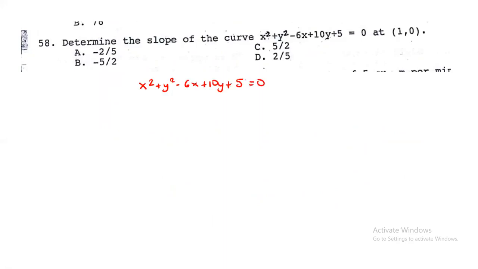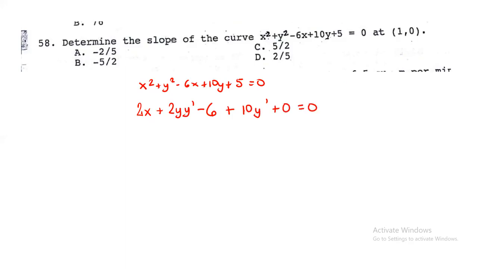So para makuha natin yung derivative ng y with respect to x o yung y prime, implicit differentiation natin siya with respect to x. So 2x plus 2y times y prime minus 6 plus 10 y prime plus 0 is equals to 0.